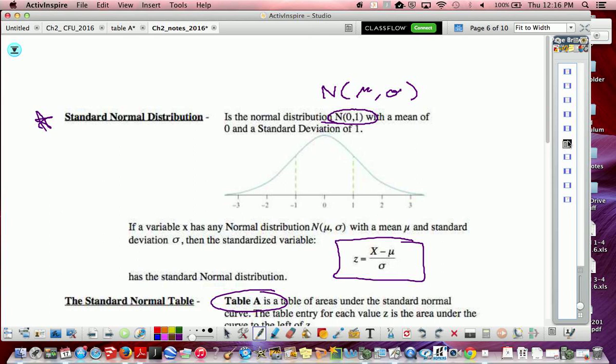It's our standard normal curve. This is the notation that you can use. N stands for normal, so you can write it as normal, parentheses, mean comma standard deviation. So you'll see the standard normal curve written as N in parentheses 0 comma 1.